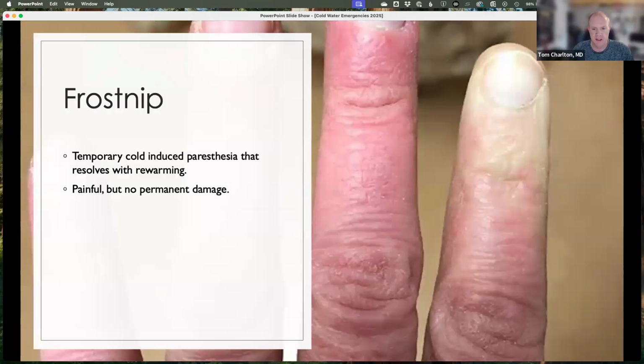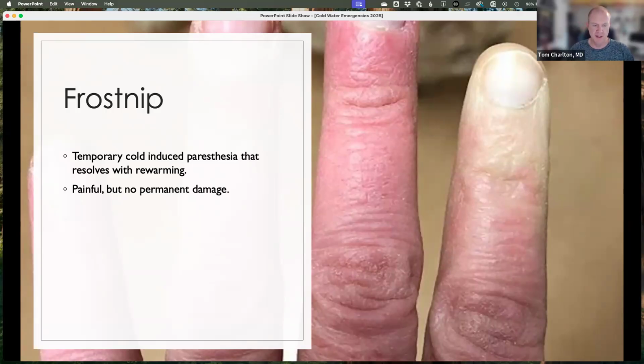Frost nip is something, again, that most of us have experienced at some point during our lives. Typically, for me, it's been when I'm either outside skiing or outside shoveling snow. This really is more of a temporary paresthesia to our extremity that resolves with rewarming. And so it's that whole my hands have now become meat hooks because they're so cold and stiff that I can't really feel them anymore.